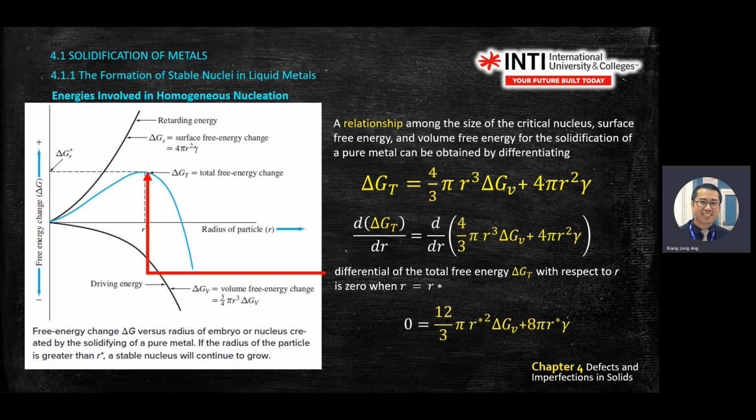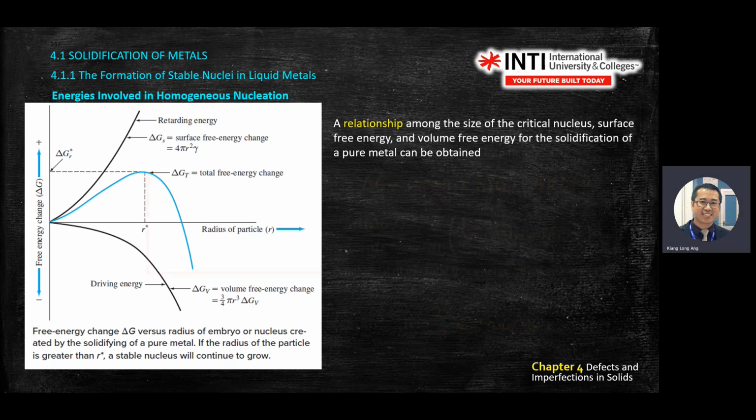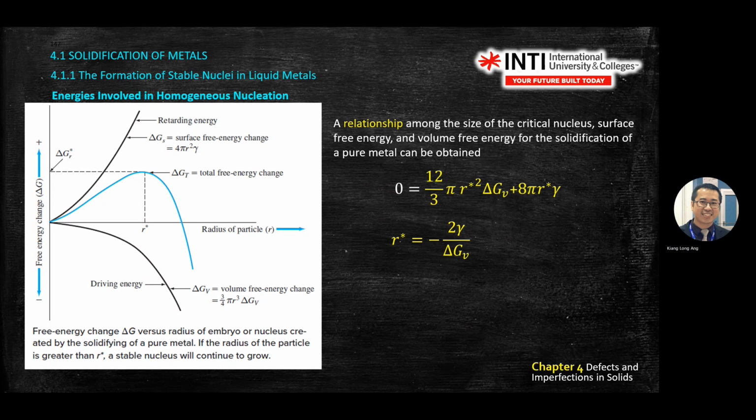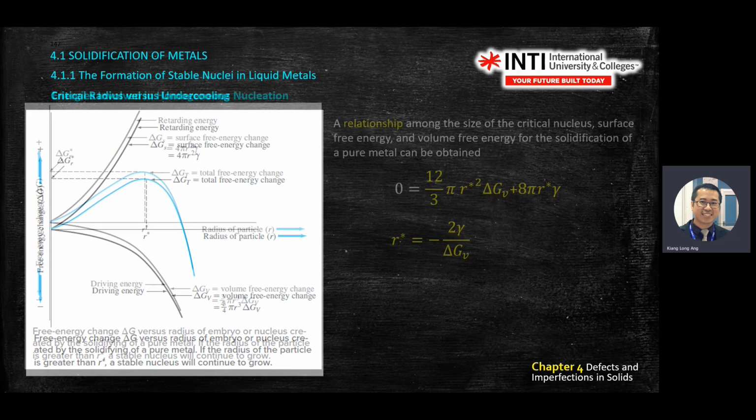The other term becomes 8 pi r when you differentiate, but the r becomes r star. The gamma is a constant value, so you just carry on. By looking at this, you can find r star. You rearrange, cancel the pi, and you get r star equal to negative 2 gamma divided by delta G.